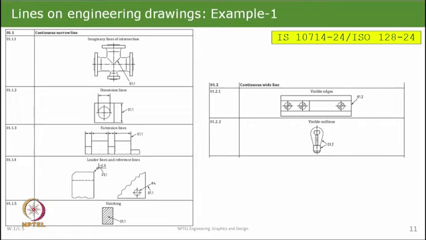Then there are some more examples given here of objects to show how those lines come and what type of a line would be there. So, like in this case, this is a rectangular part with a hole in it. It has got these lines there, and it has got this thing which is what is called here a dimension line. Same thing here, this is a dimension line, and so this is line type 01.1, a thin continuous line. So, like this there are many things there.